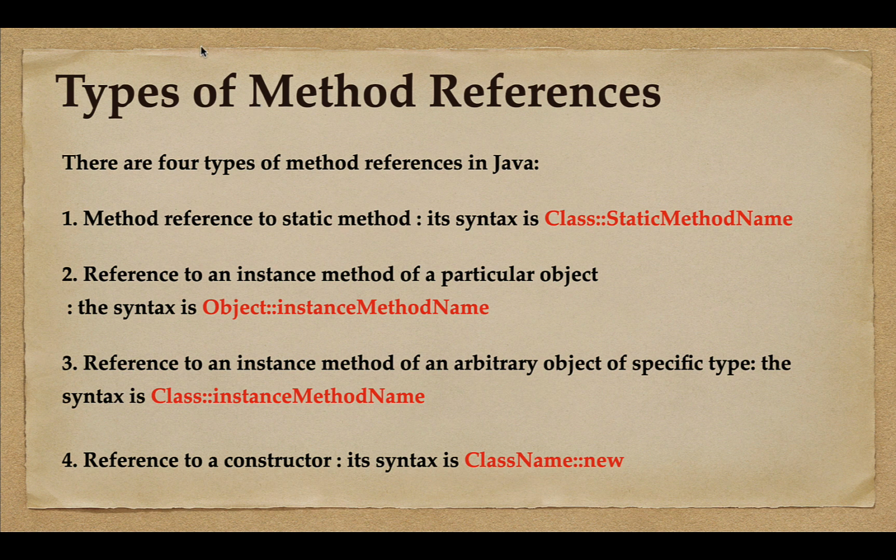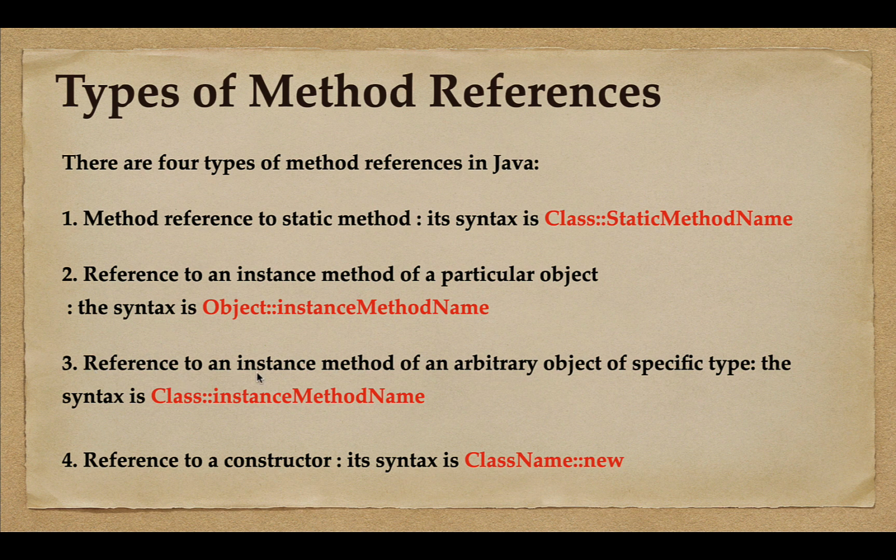Let's take a look into the types of method references. There are four types. First is a method reference to a static method, and the syntax is class, double colon, and then the static method. Second is a reference to an instance method of a particular object. This is the particular object, and then we use a method reference to call its method.